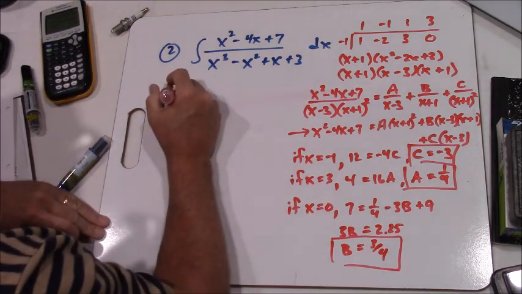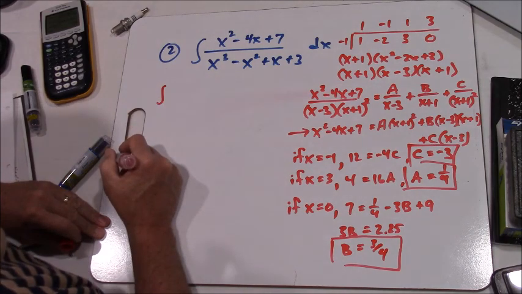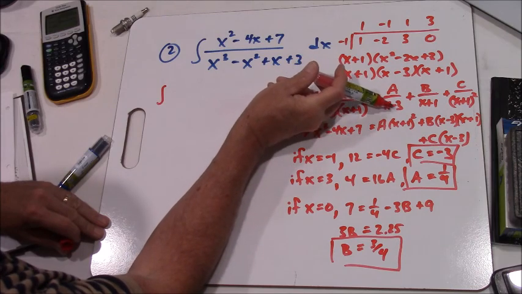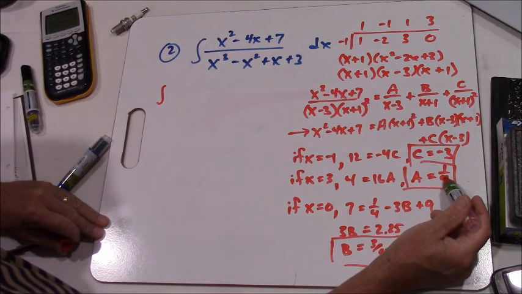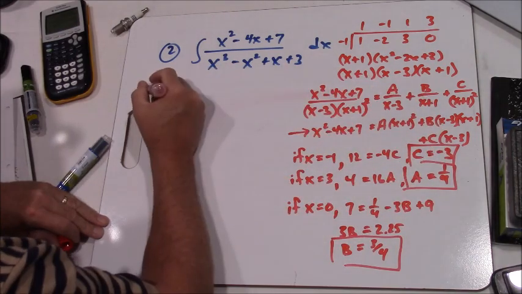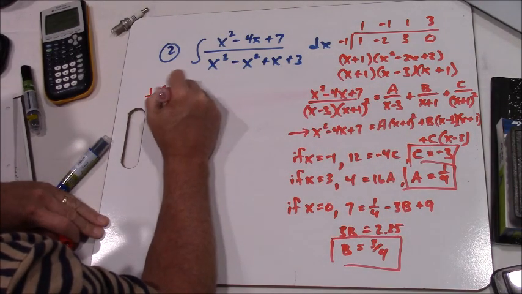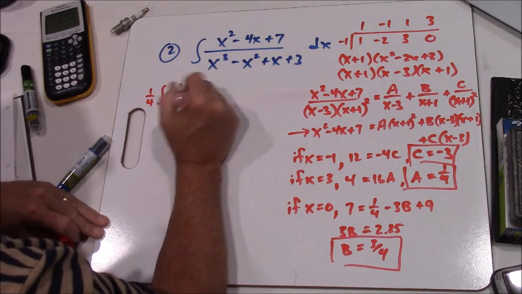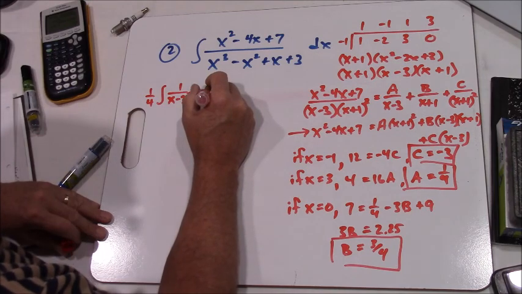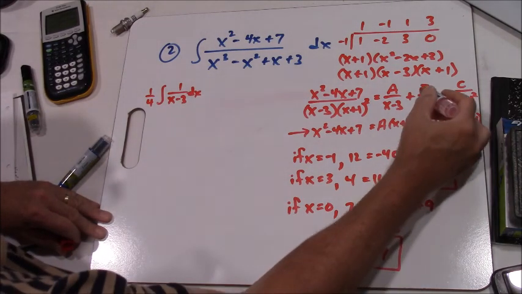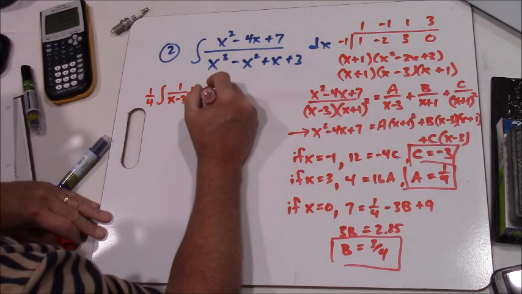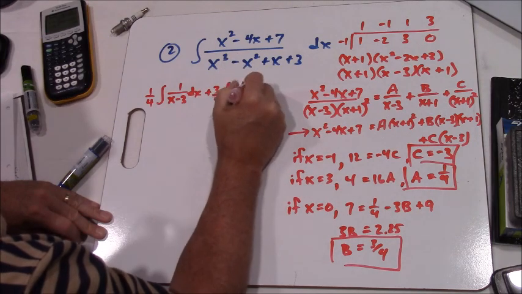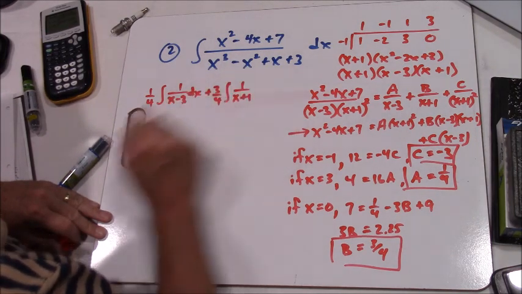All right, so this is now the integral of, here's my first fraction. I've got A over x minus 3. A was 1/4. I'm going to move that 1/4 to the outside, so I have 1 over x minus 3 dx. My second integral, my B value is 3/4, so I'm going to move that to the outside and have 1 over x plus 1 dx.